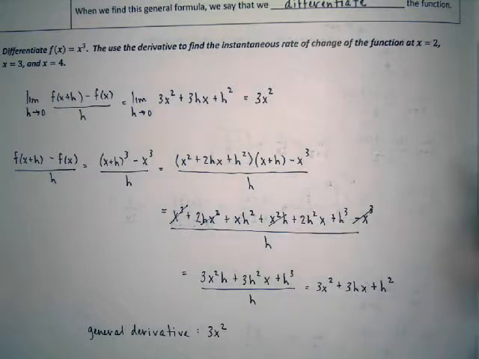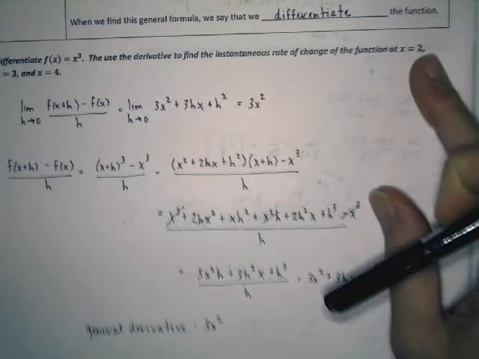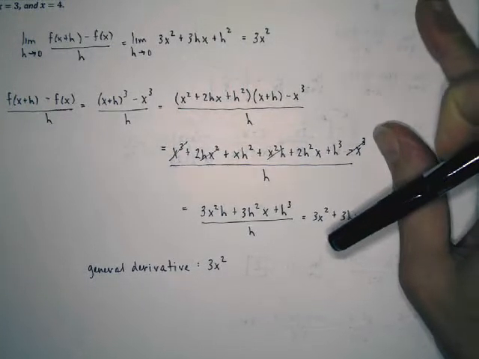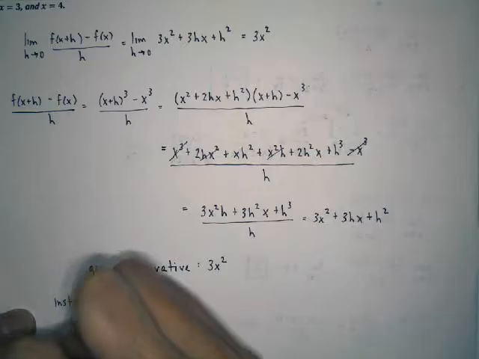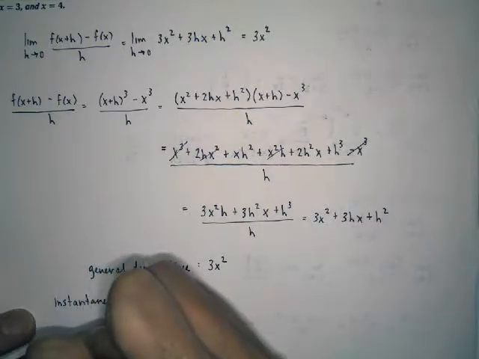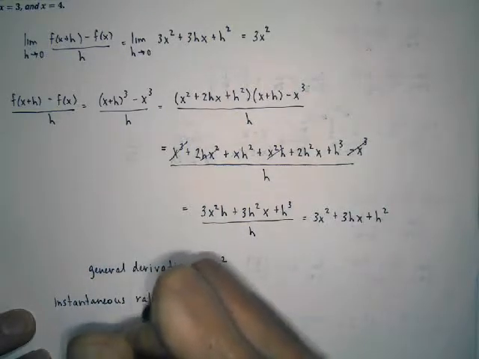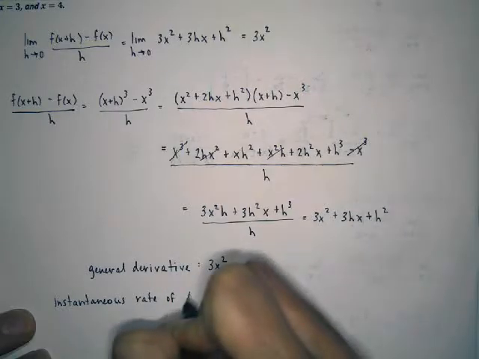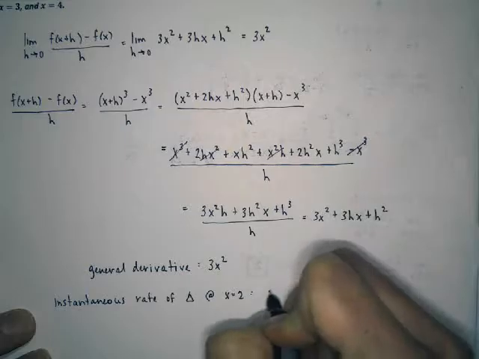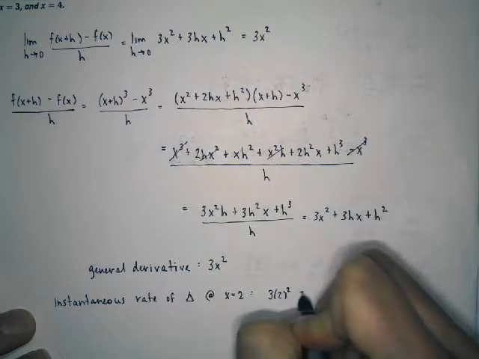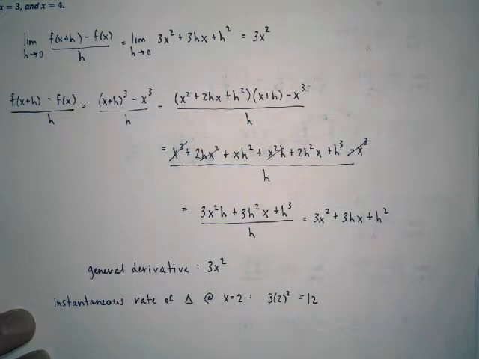And now if I want to find the instantaneous rate of change at these three different values, I can just plug into my general derivative. So my instantaneous rate of change at x equals 2, I'm going to do 3 times 2 squared, and I get a value of 12.